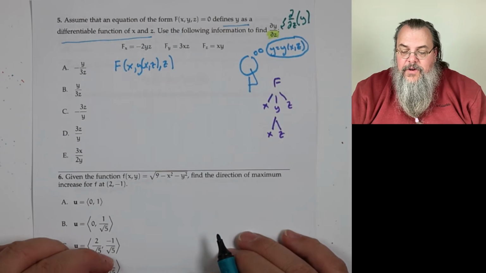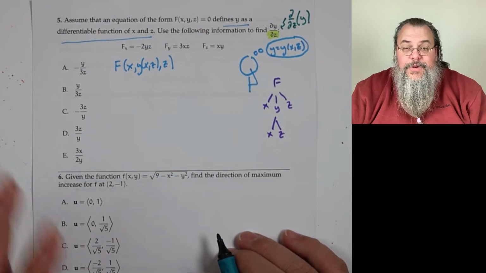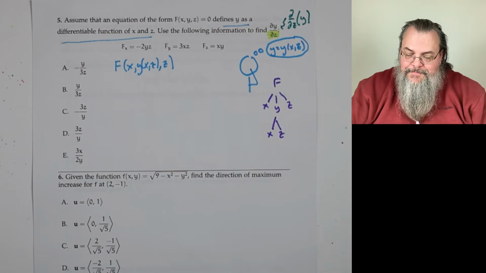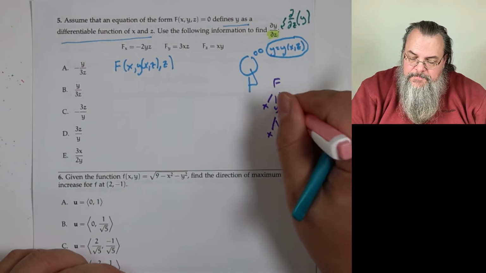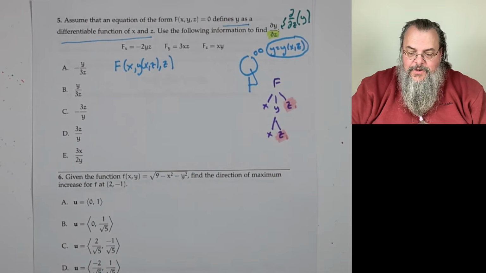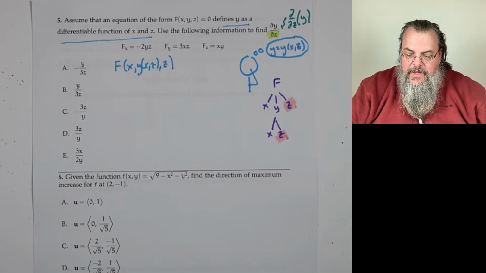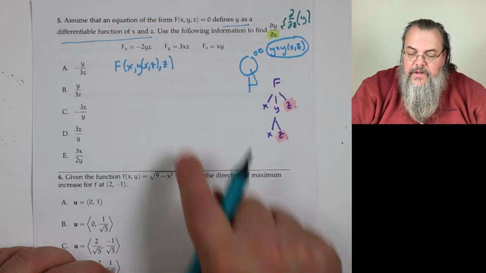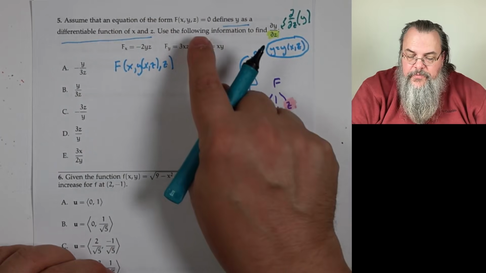All right, so take the derivative with respect to z. Where does z show up in the diagram? Shows up here and here.